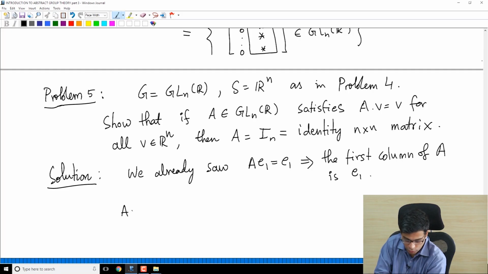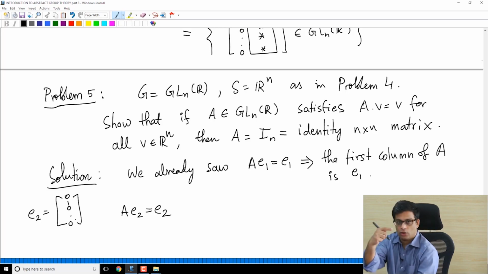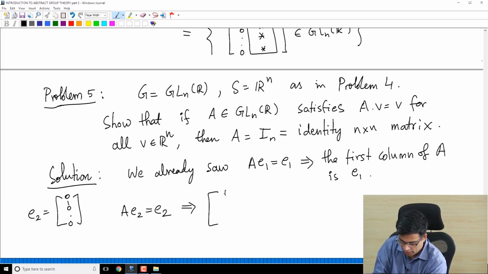So now AE2 is also equal to E2, right? E2 is the second elementary vector: 0, second entry is 1, then followed by zeros. We know the first column of A is E1, but the second column can be anything at this point.